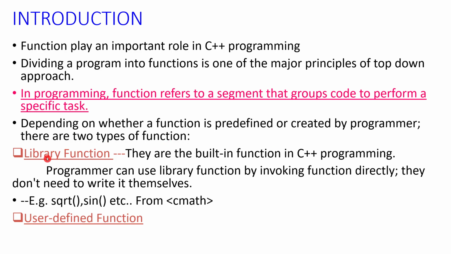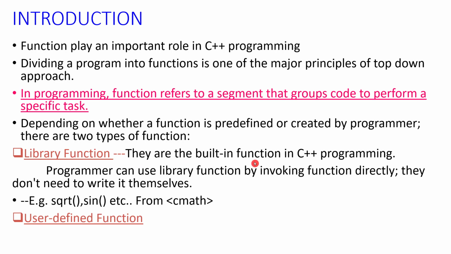One is the library function, and the second one is the user defined function. There are some functions already inbuilt in C++, like if you want to know the square root of a number or the sine of some value. For all those things, there are functions already made in C++. You just use this command to execute the function. These are called library functions.